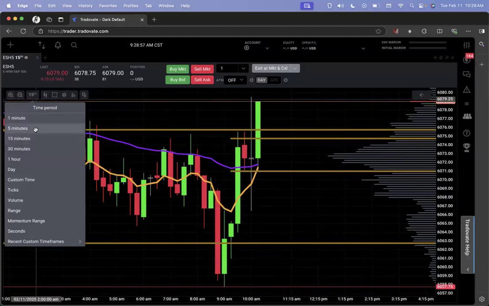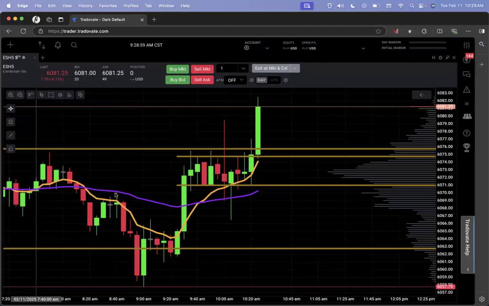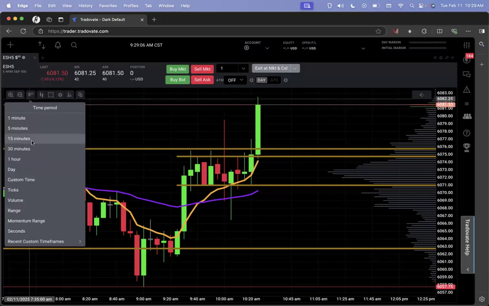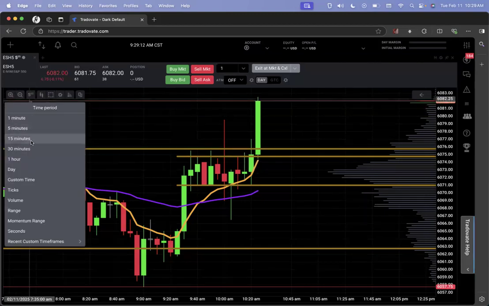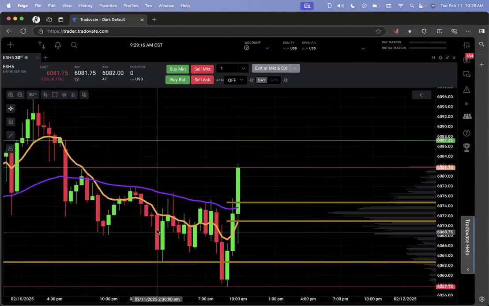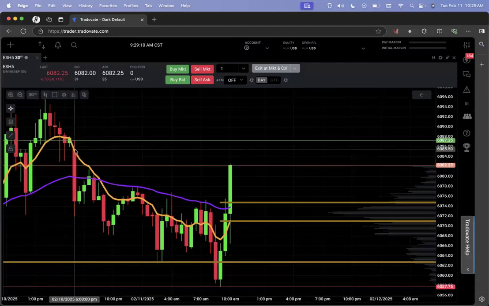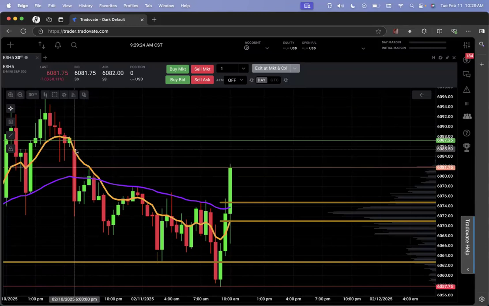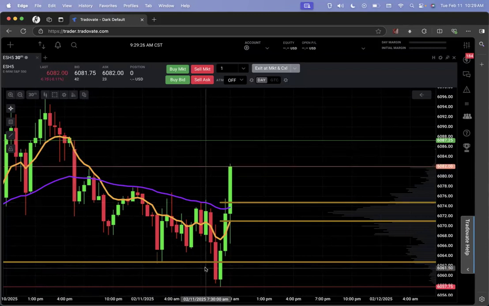So yeah, we created the inverse H. It's running now. What I was telling you guys before is that once we break it, it's going to go there, and it's going to go there fast. We already sped through 6080. I think next we're going to see 6085.